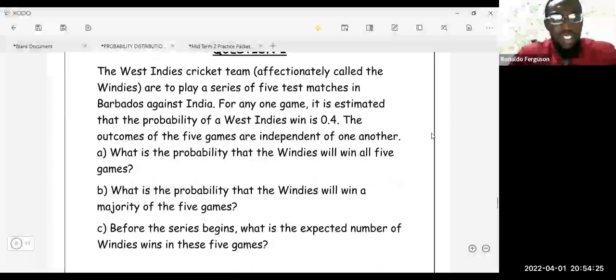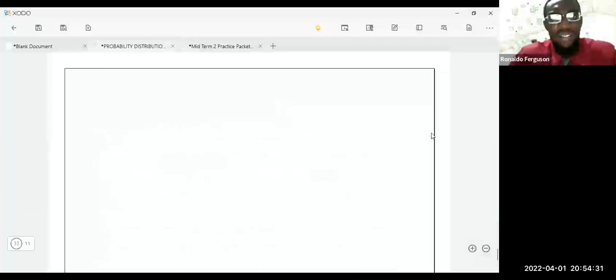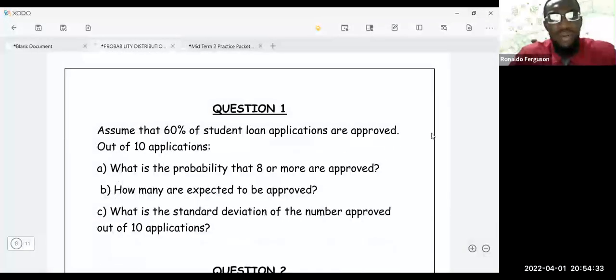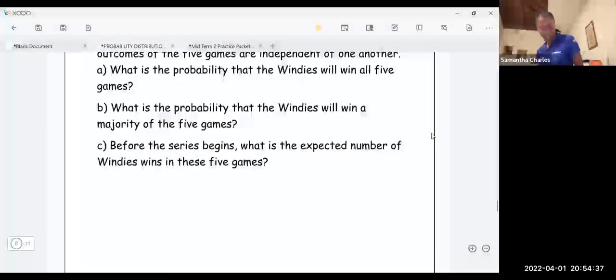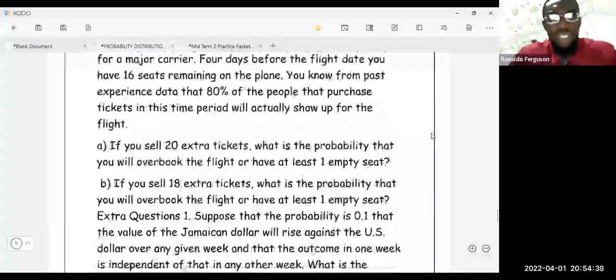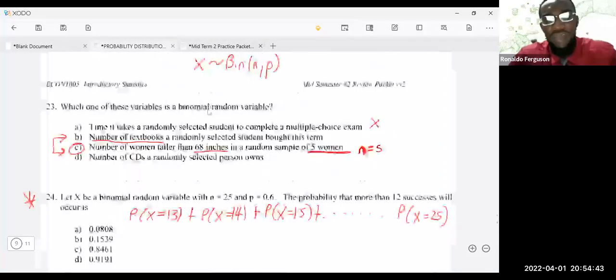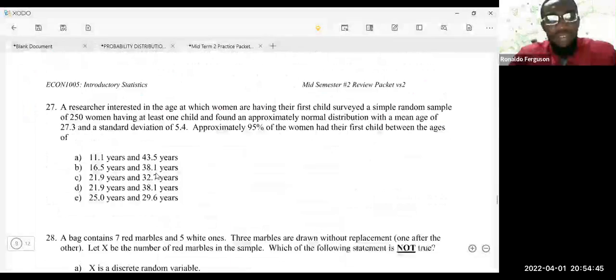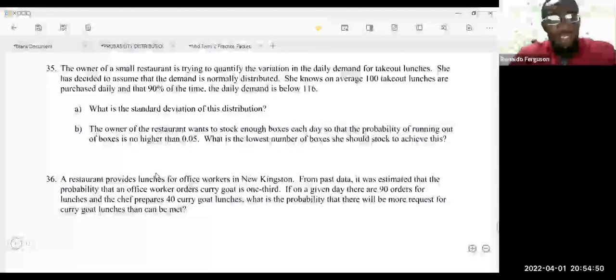And you can do the rest that would have been on the problem set for binomial. On Sunday, we're going to do the normal distribution, and then we can do the rest of the midterm packet, from 25 to 35.